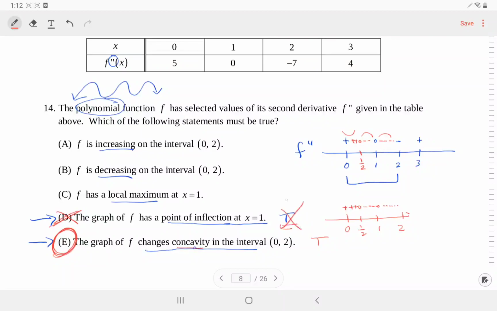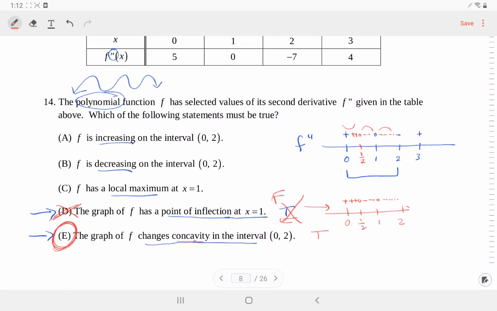So this is actually false because of my counterexample. How can I make this false? How could I not make it change? I can't. I'm trying to think. So 0 is plus, and then at 1 it's 0, and at 2 it's minus.